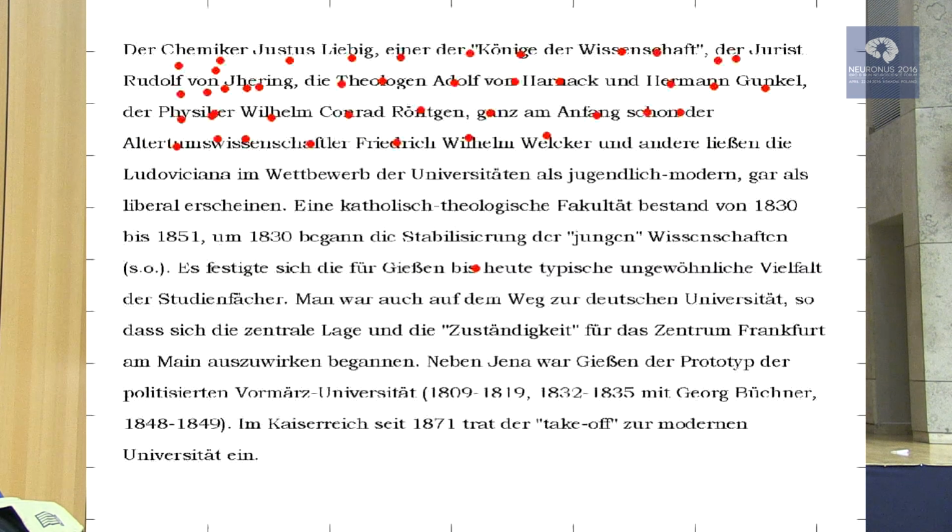And in order to read a text such as this, you have to jump from word to word and then pick up all the information. Sometimes when there's a difficult word, you might go back a little bit, or sometimes you might skip a very simple word like "for." But without eye movements, reading would not be possible in this manner.